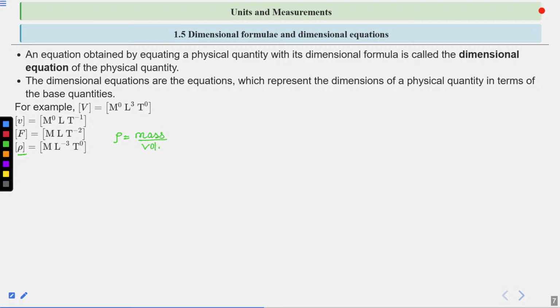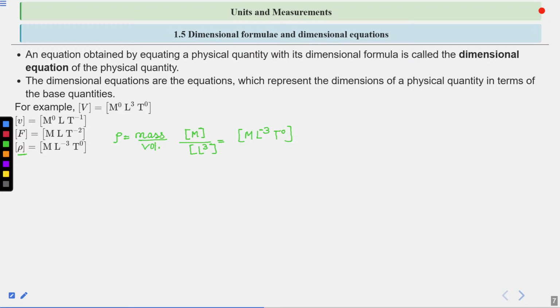We know the dimensional formula of mass is M only, and the volume is L cube. And it is independent of time. So it becomes M L^-3, and independent of t, so it will be T^0. So this becomes the dimensional formula of density.